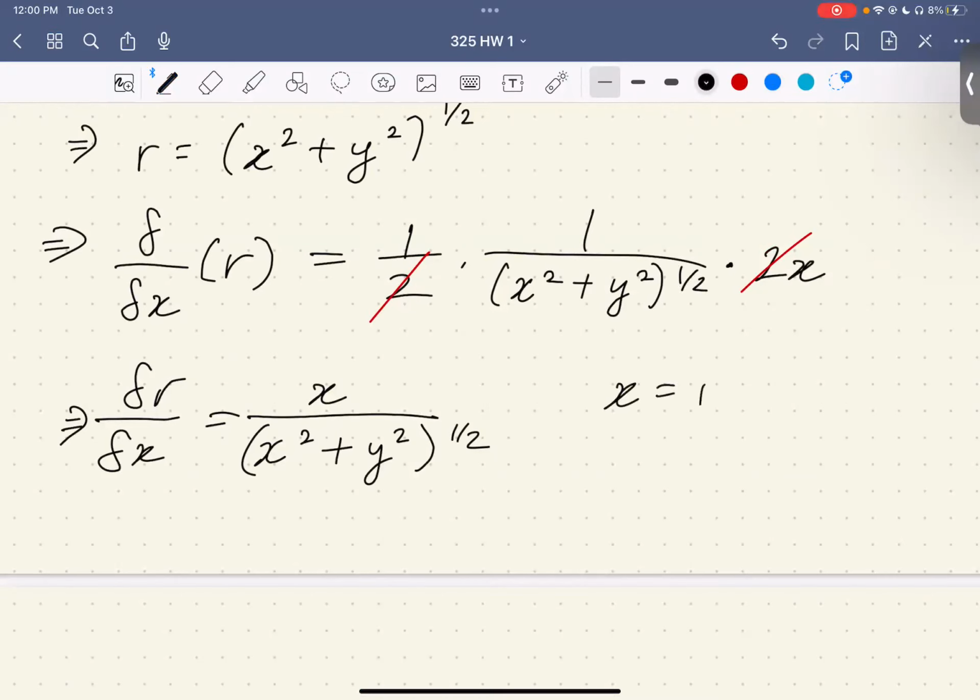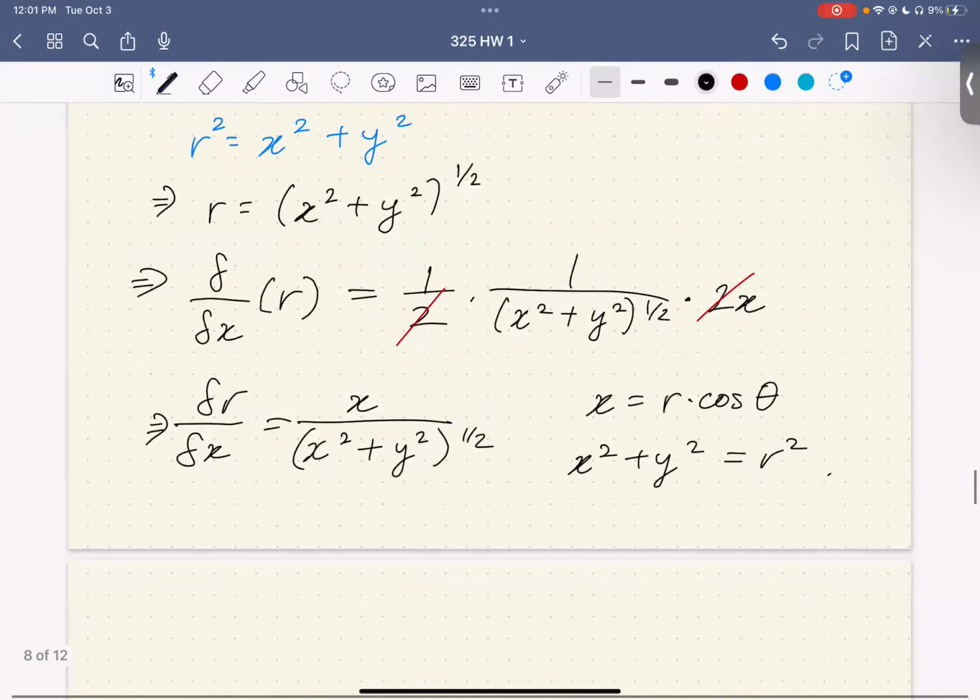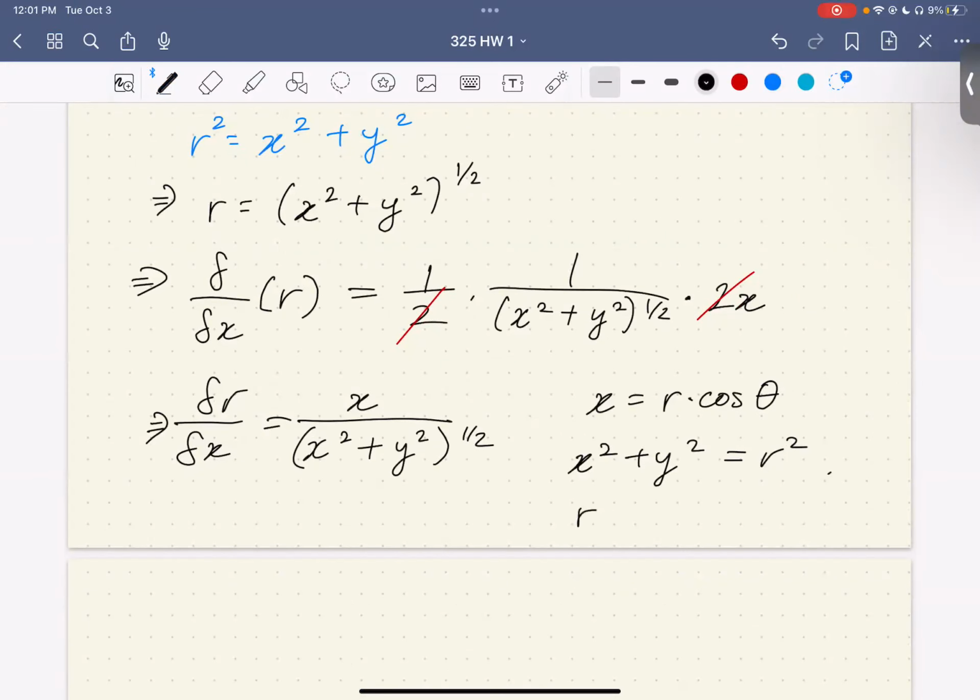So we know x is equal to r cosine theta. We also know, and you should know this, also shown at the top, x squared plus y squared is equal to r squared. So from that, r is equal to the square root of x squared plus y squared.